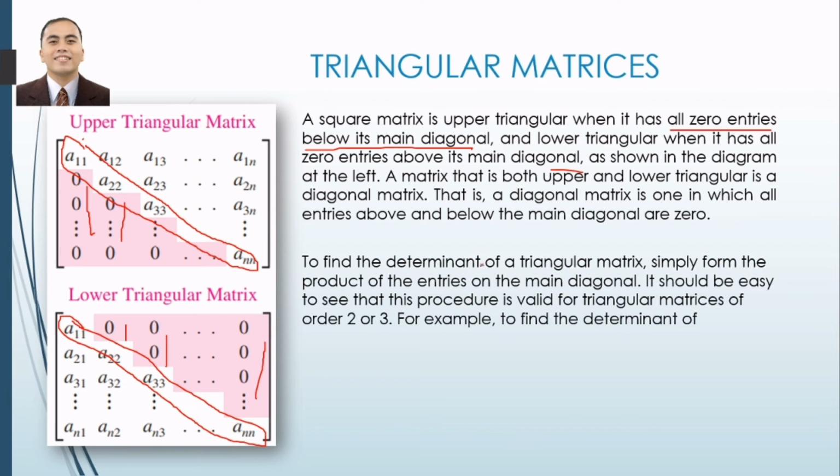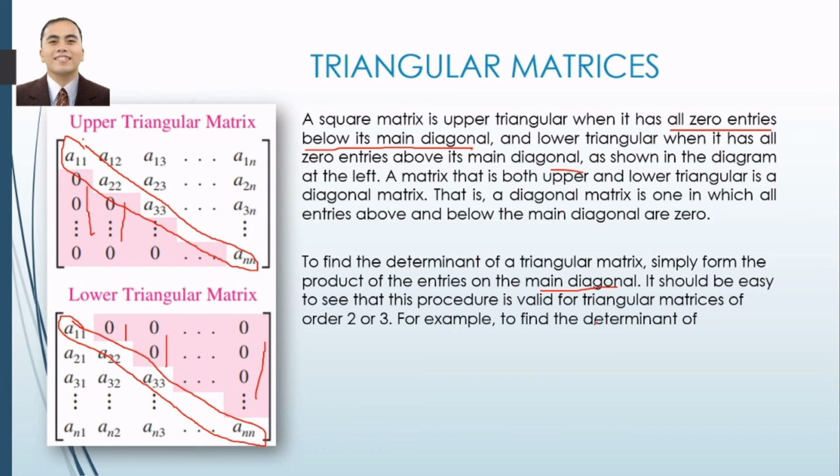To find the determinant of a triangular matrix, simply form the product of the entries on the main diagonal, since the values above and below the main diagonal are 0. It should be easy to see that this procedure is valid for a triangular matrix of order 2 or 3.